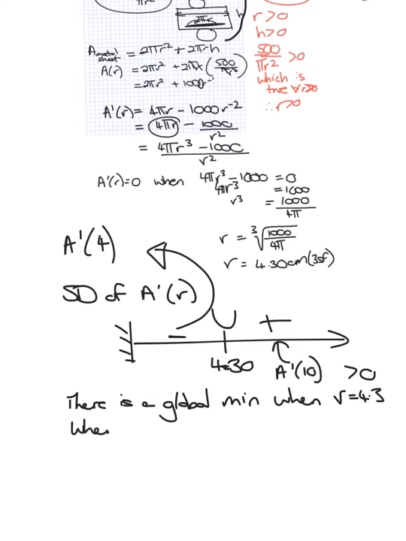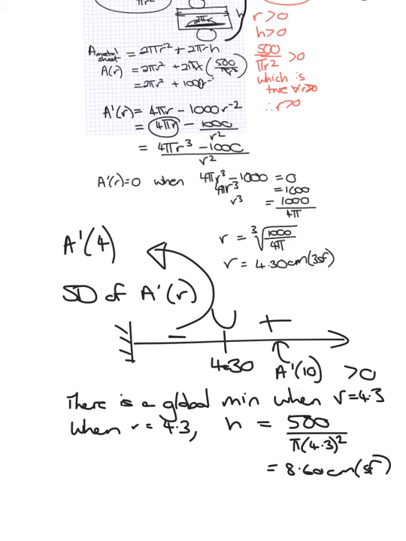When r equals 4.3, then h equals 500 over pi times 4.3 squared, which is equal to 8.60 centimetres to 3 significant figures. Remember, if you're doing 3 significant figures, you need to pop that 0 on the end.